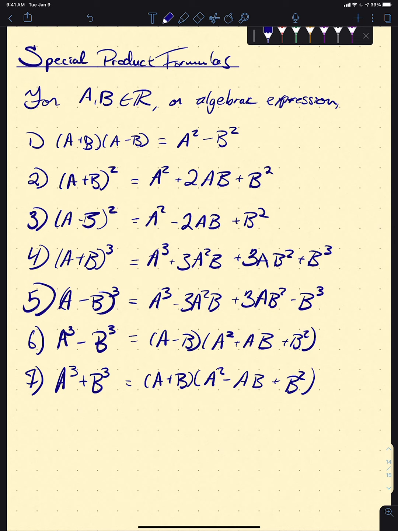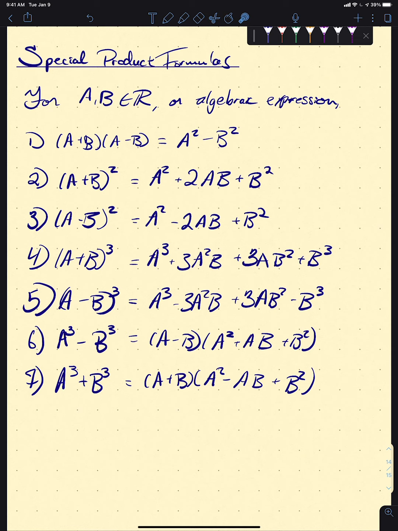Now, unfortunately, I can't go through some sort of beautiful proof of each of these to give you an intuition for how or why they work. I really wish I could. We just unfortunately don't have time in this course to do that. You definitely want to memorize these 7.